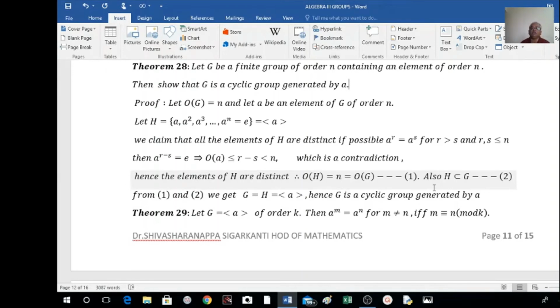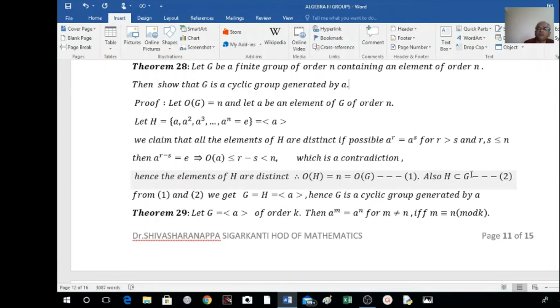Suppose A and B are any two sets, then to prove that A equals B, one criterion is A is a subset of B and B is a subset of A. This is one criterion. The second one: these two have the same number of elements and one is a subset of the other. For example, if A is a subset of B and A and B have the same number of elements, then we can say that A equals B.